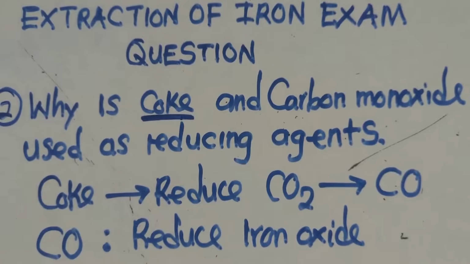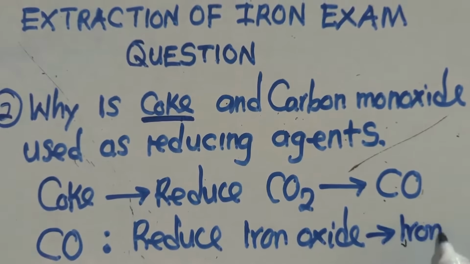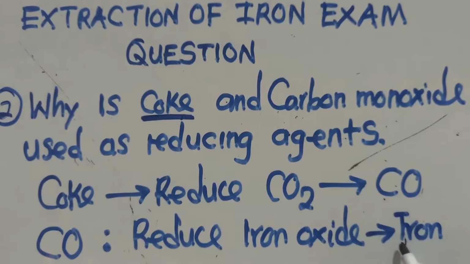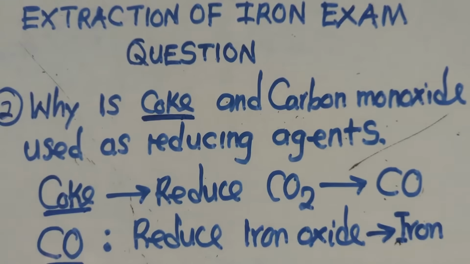If it is hematite, it is going to reduce iron 3 oxide to iron. So it reduces an iron oxide to iron. When I say iron oxide, I'm not only talking about hematite. This is the reason why these two are used as reducing agents.